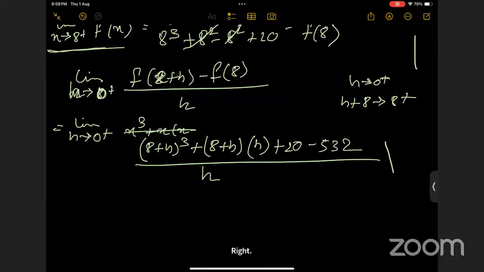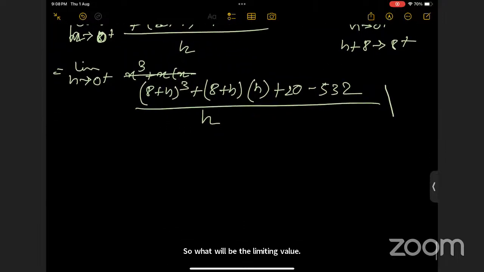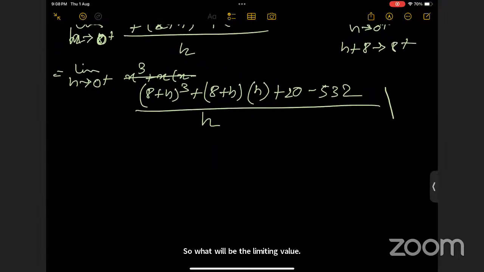So what will be the limiting value? You can now easily calculate it, right? Yes, ma'am. What is the limiting value? Any one of you, can you say what is the limiting value?